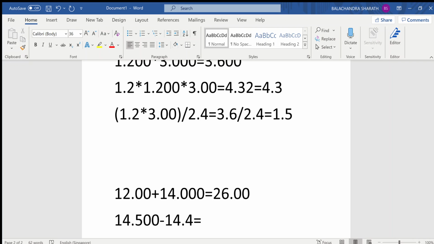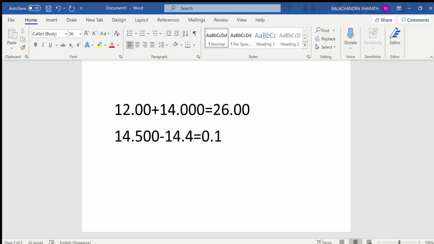We all know the answer is 0.1, but we have to express this in the correct form. 14.500 has three decimal points, while 14.4 has only one decimal point. So I have to express my answer in one decimal point because it's the lowest number of decimal points in this case. So the answer will be 0.1.